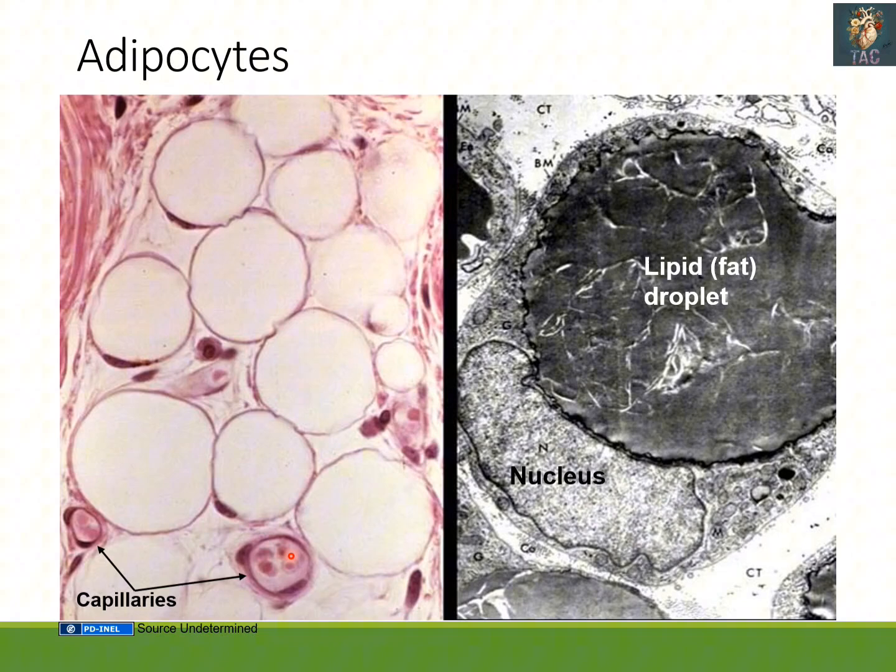In addition to adipocytes, you can also see the blood capillaries present over here, and this is the electron micrographic picture. You can see the nucleus of the adipocyte, the large fat droplet, and the cytoplasm pushed towards the periphery.